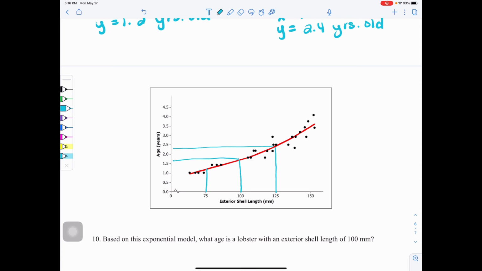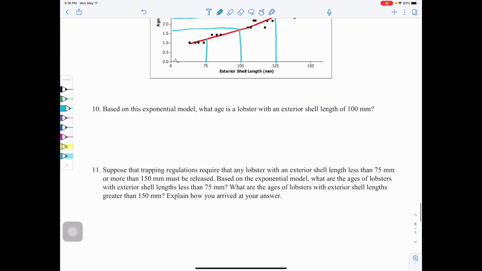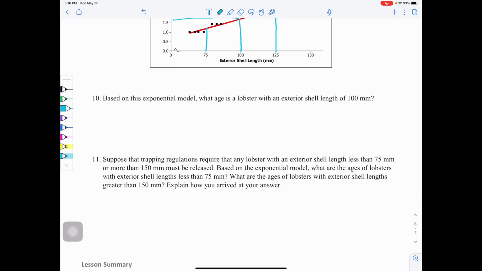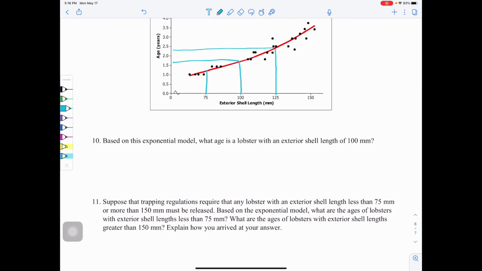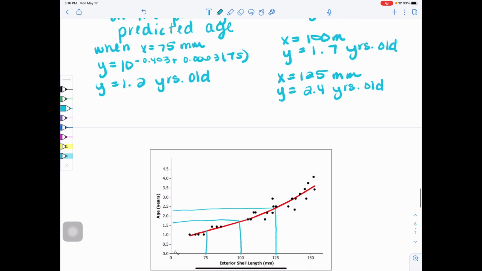So if you want to know if something's actually accurate, you can plug these values in and see if you're being represented correctly on the graph. Also look for the things that I talked about before. Is it following the correct shape? Do the points look closest to the line, etc.? Okay, going on now to number 10. Based on this exponential model, what age is a lobster with an exterior shell of 100? So we already did that. We found that up above when we were trying to find out the accuracy.